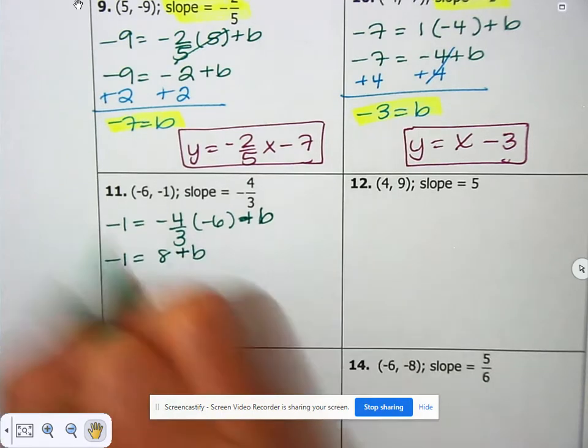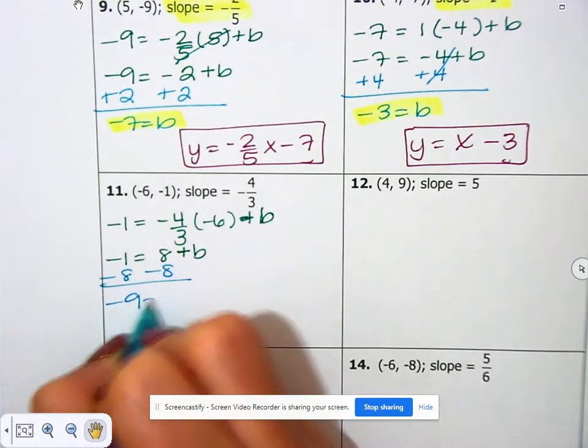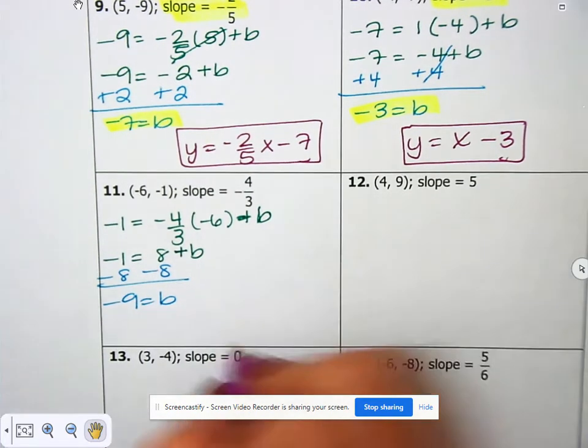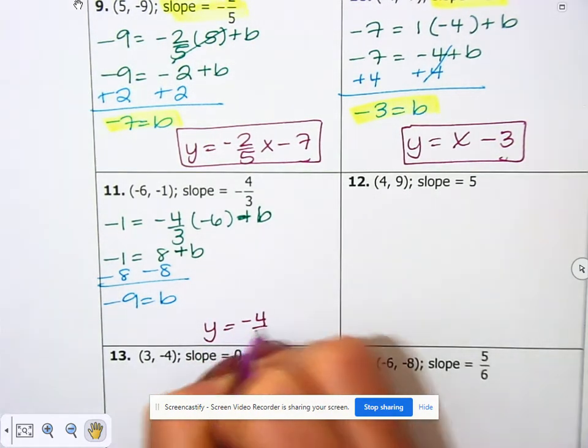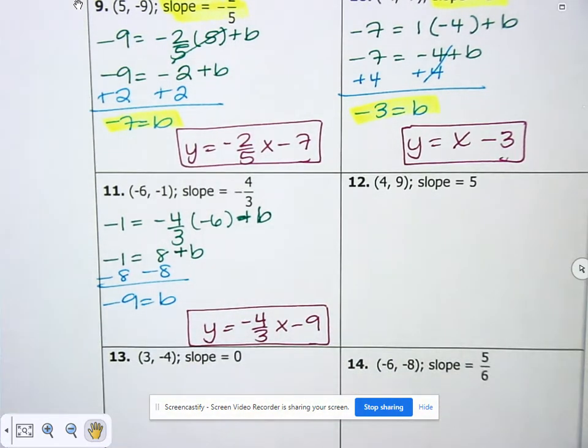All right, that's 24 divided by 3 is 8. So I'm going to subtract 8. Negative 1 minus 8 is negative 9 is our b. So that gives me y equals negative 4 over 3 x minus 9.